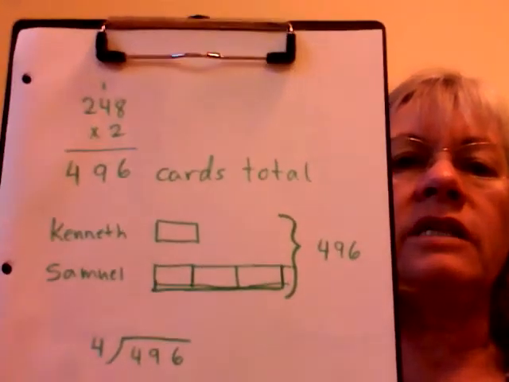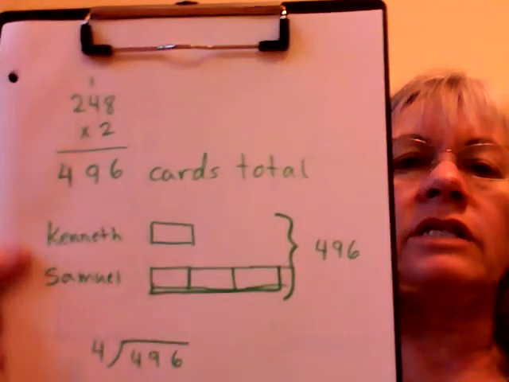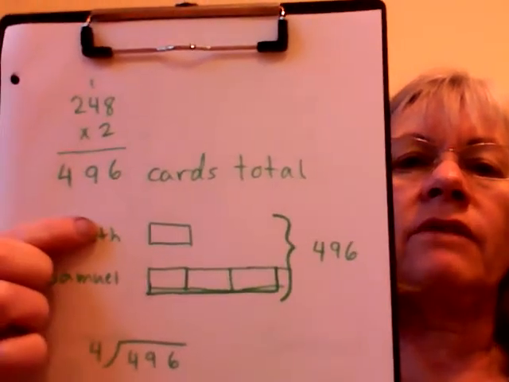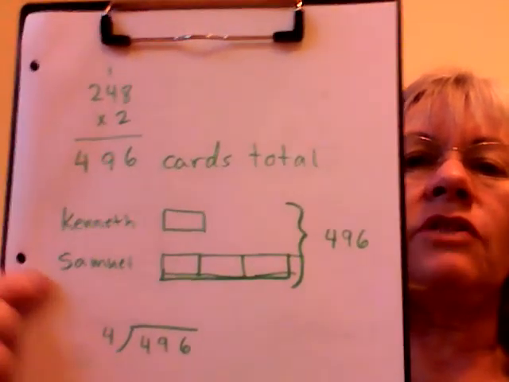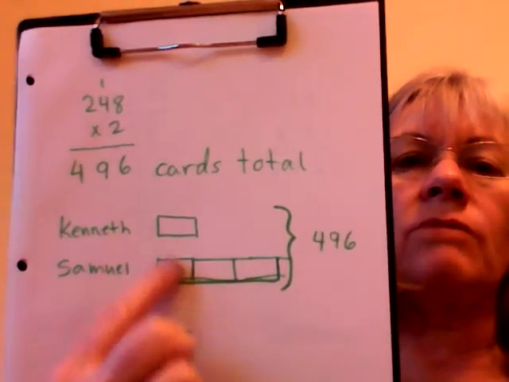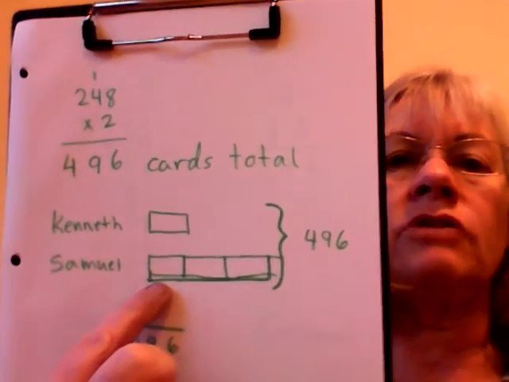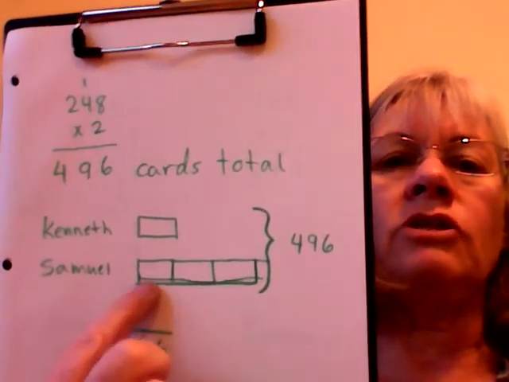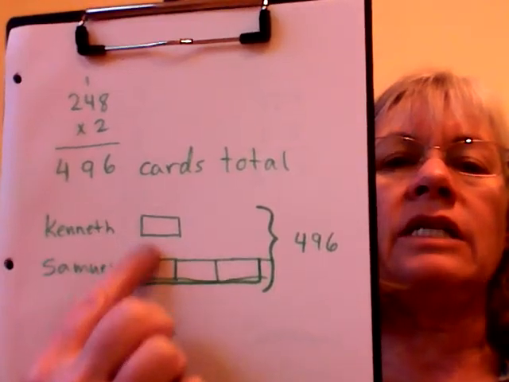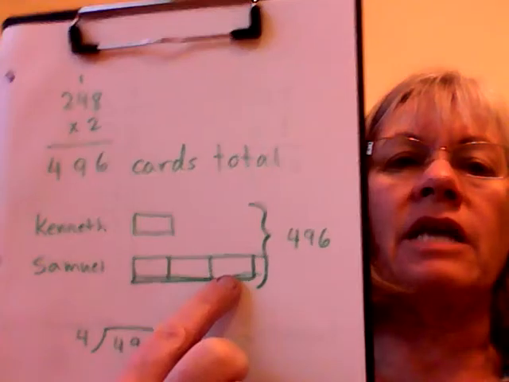I've represented that with our bar model, where Kenneth's amount of cards is 1 bar and Samuel's amount is 3 bars of equal size, the same as Kenneth's 1 bar. This is not drawn perfectly, but in bar modeling it's understood that once you establish what the bar is, each bar represented is exactly the same as that bar.